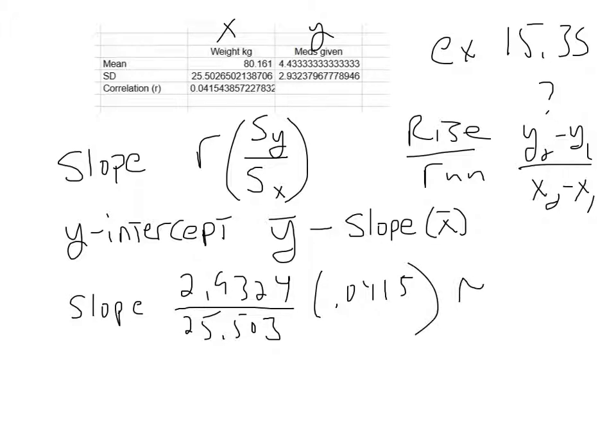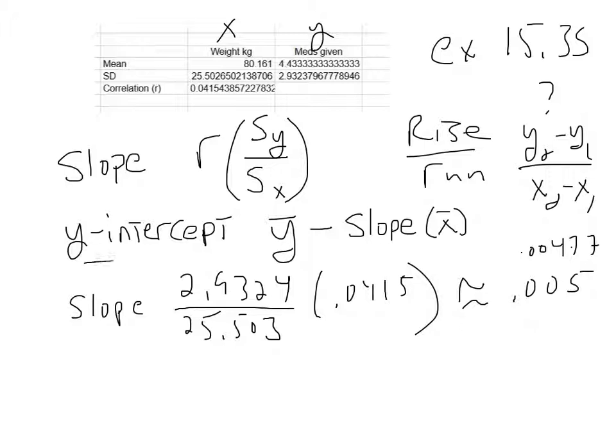On my calculator, I'm seeing this is about equal to 0.00477. I rounded to 3 decimal places, which is usually plenty.